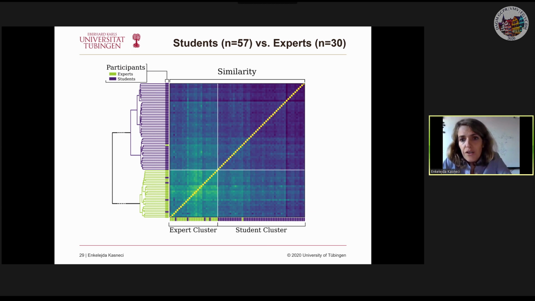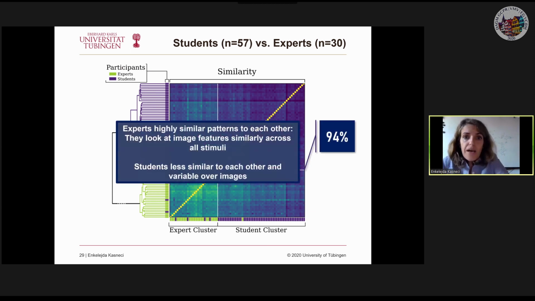And we clustered the similarity scores of all participants using, in this specific case, agglomerative hierarchical clustering, but you can use any kind of clustering that you want. And you can see that the scanpaths between those groups are very well distinguishable.